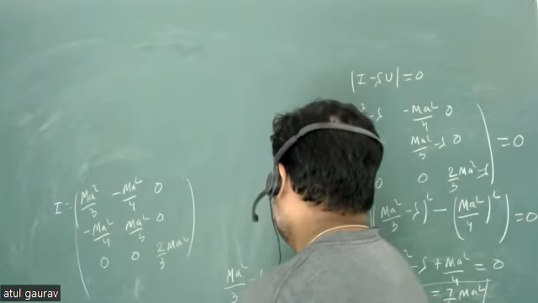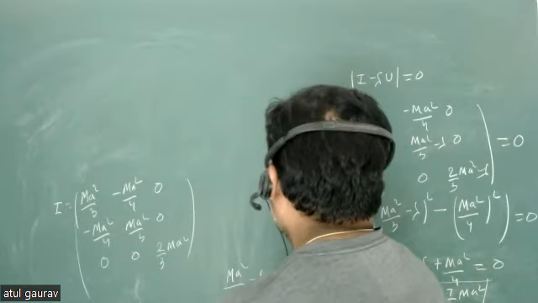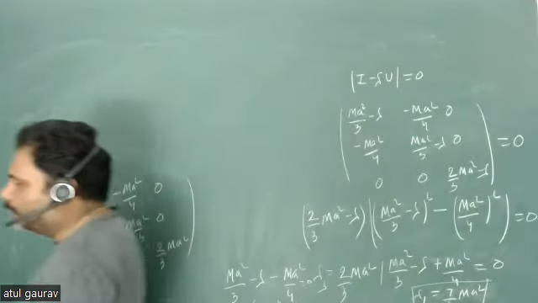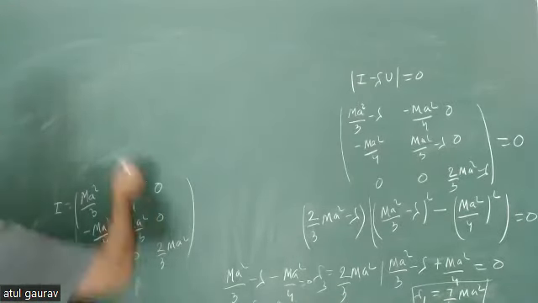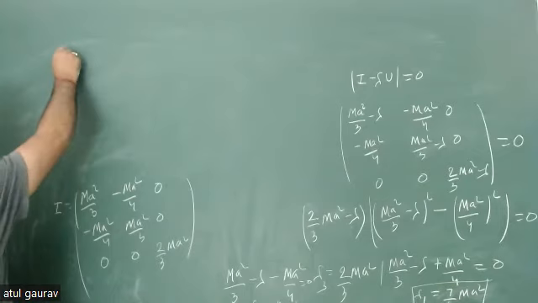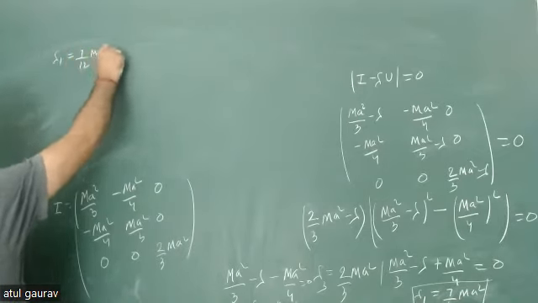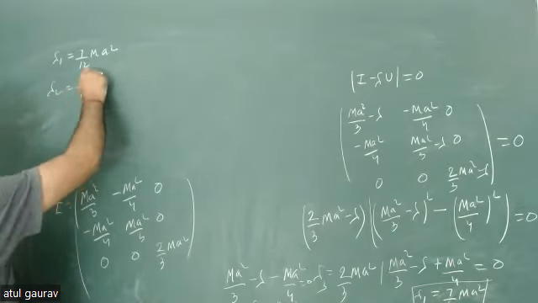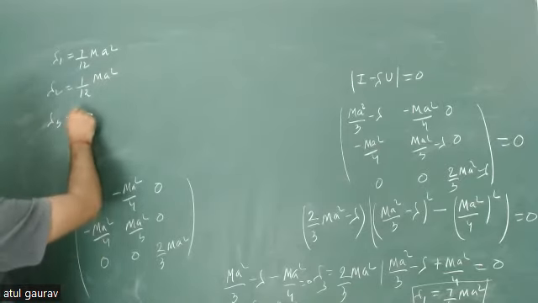So from here, lambda is equal to ma²/4... so we have 3 different principal moments of inertia. Lambda 1 I am keeping as 7/12 ma², lambda 2 as 1/12 ma², and lambda 3 as 2/3 ma².